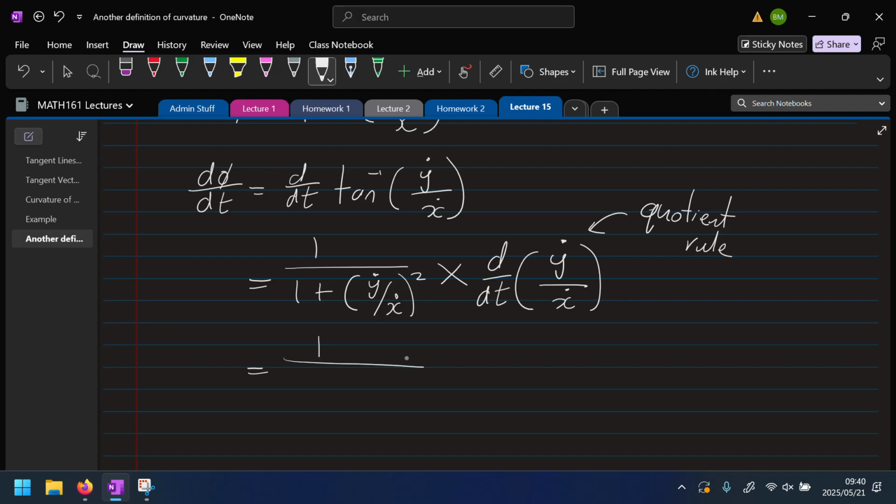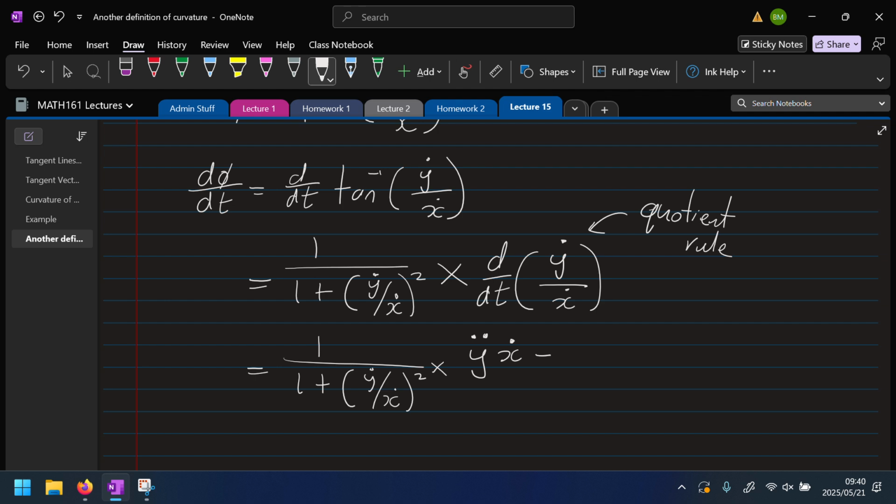So we're going to have 1 over 1 plus y dot over x dot squared times, and then the quotient rule, that's going to be the derivative of the top. So it's already y dot, so the derivative will then be y double dot. Okay, so that's like your f prime, and then g, so times the bottom, minus, and then the g prime f, from the quotient rule.